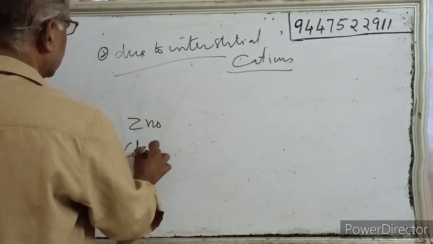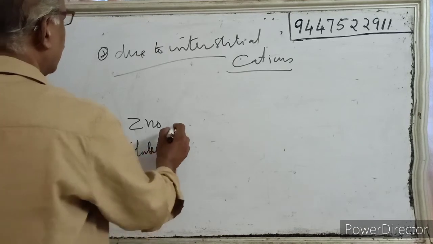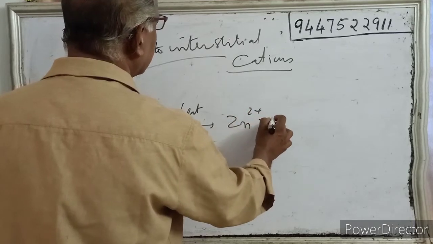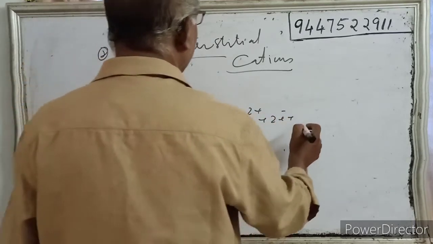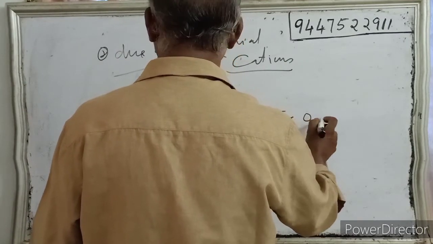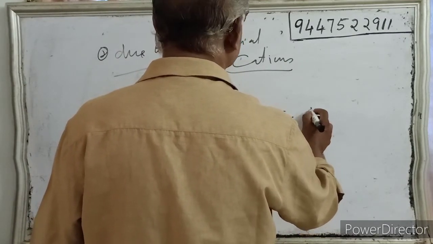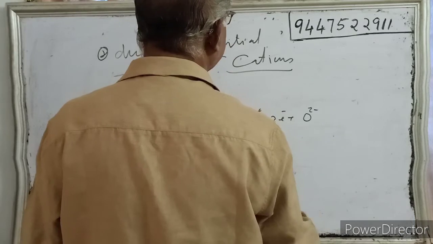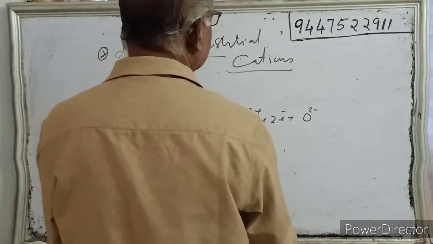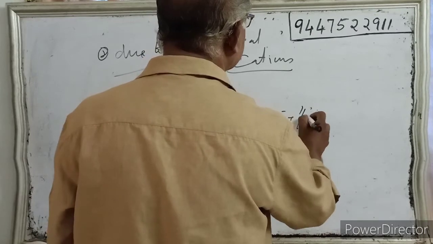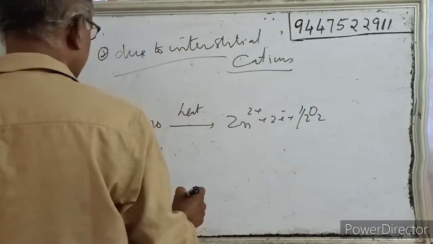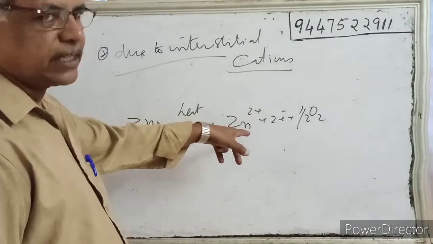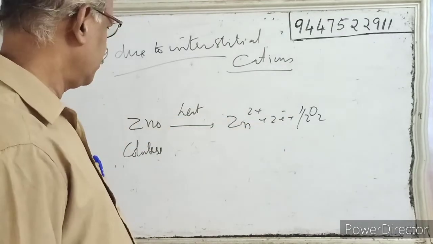Zinc oxide is colorless. On heating, it decomposes to give Zn2+ ions, 2 electrons, and half O2.